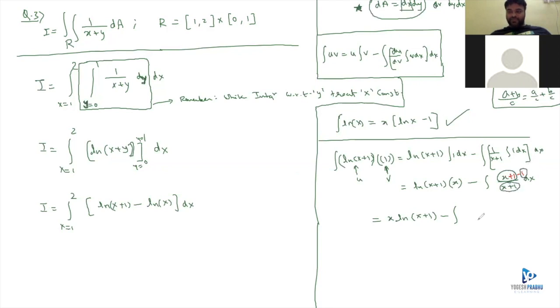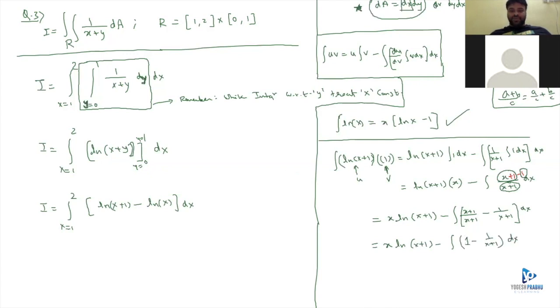Can we break them? It's (x+1)/(x+1) minus 1/(x+1) dx. So x ln(x+1) minus the integral of 1 minus 1/(x+1) dx.